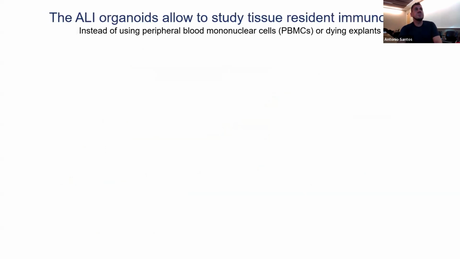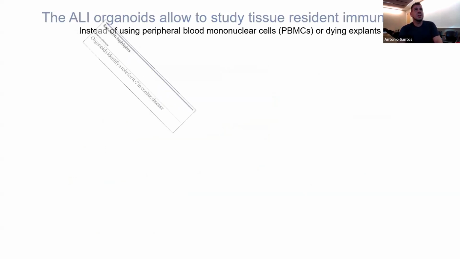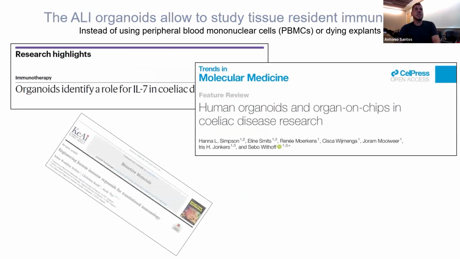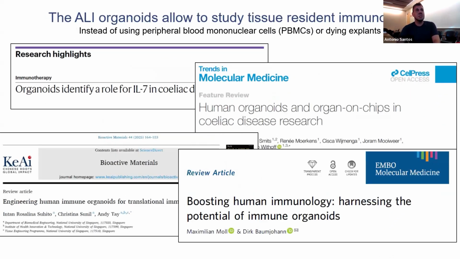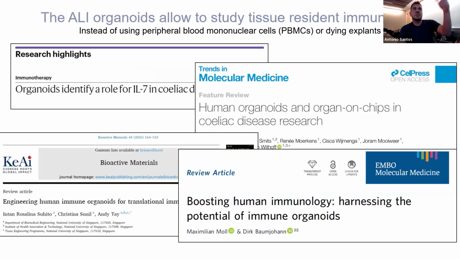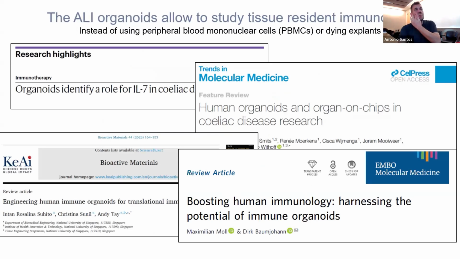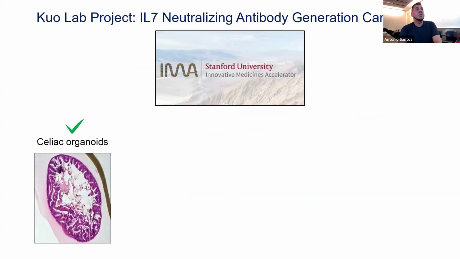It has had a lot of impact already because organoids have immune cells, so it allows us to study complex diseases like celiac disease or inflammatory bowel disease. There are review articles that are talking about my paper, and this is really cool because we are now raising an antibody together with Stanford's Innovative Medicines Accelerator to try to go to clinical trials.